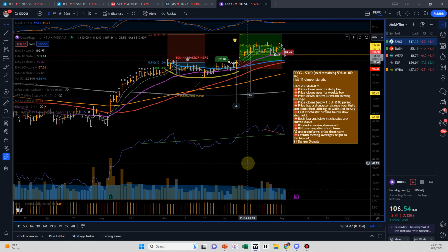In seeing green is good and red is bad, that's connecting emotions to our P&L. The market doesn't know how we're feeling. It's just moving.